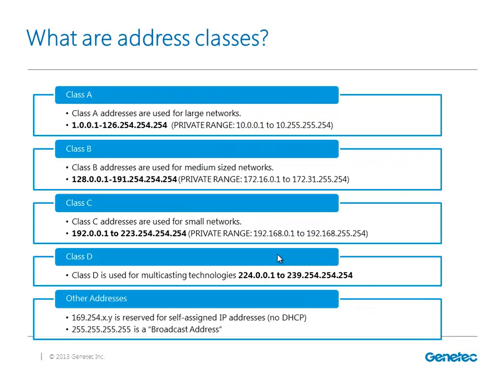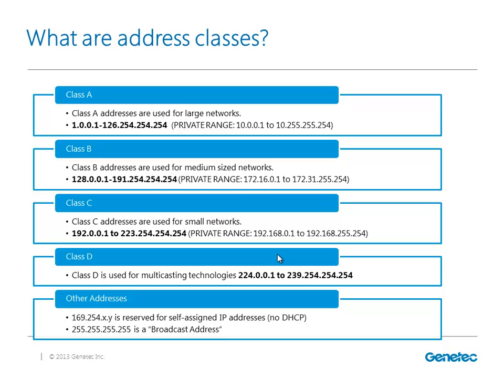What are address classes? Address classes are ways to identify different types of IP addresses. Each class has a specific range of addresses associated to it. Class A, Class B, and Class C addresses are all what we refer to as Unicast addresses, wherein an individual address is assigned to an individual network card.